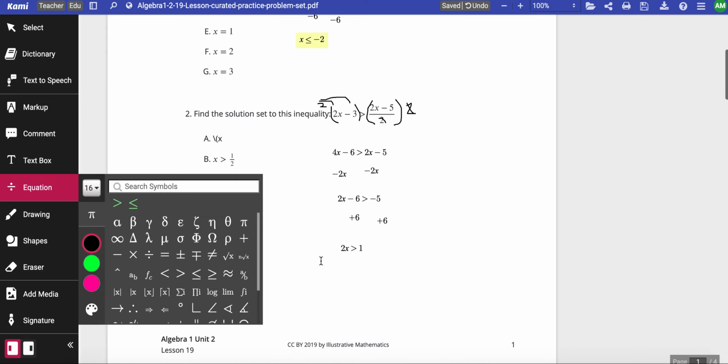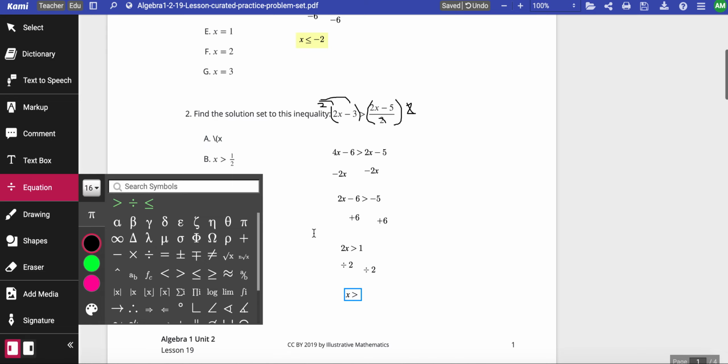Then you would divide by 2 on each side, and you will get x is greater than 1/2. So looking at this, that would be B.